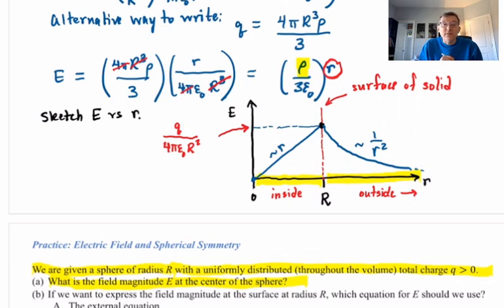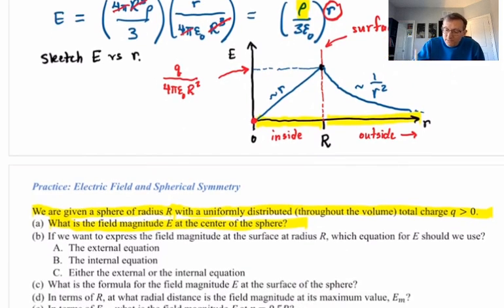If you're at the center, what's little r? 0. So what's the field? 0. Where did our graph begin when little r equals 0? At E equals 0, right there. Okay, see where that's headed? Electric field is 0 at the center of the sphere.